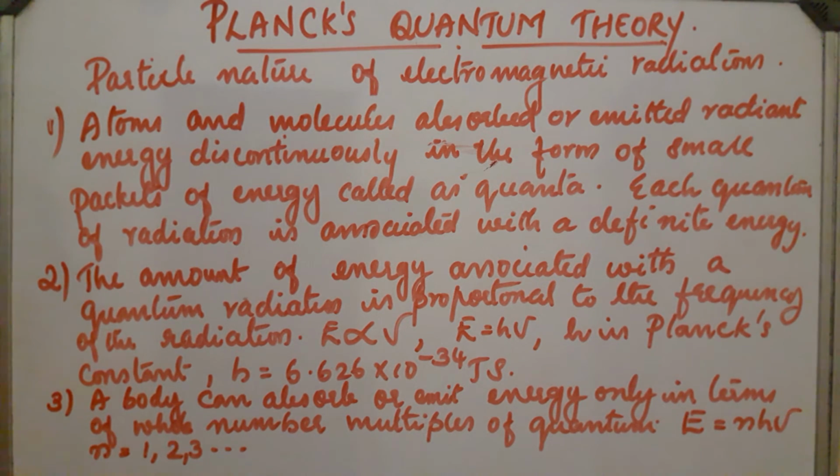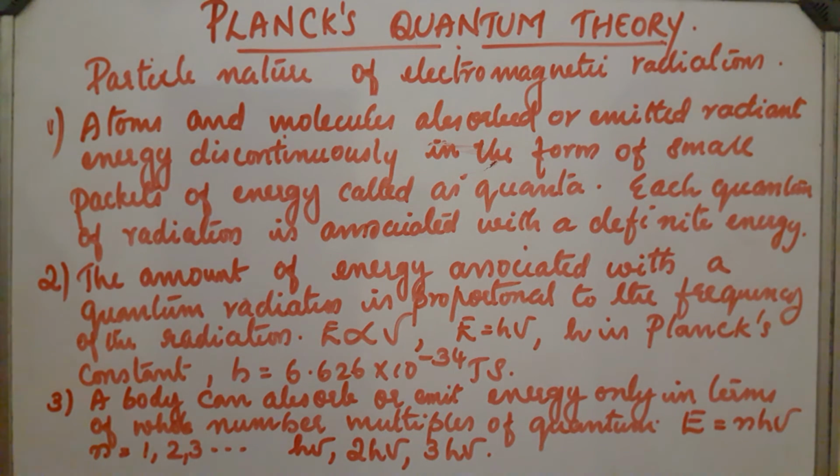Also this means that energy is equal to h nu, then if n is equal to 2, 2h nu, 3h nu. These are the different packets of energy emitted or absorbed by any body.